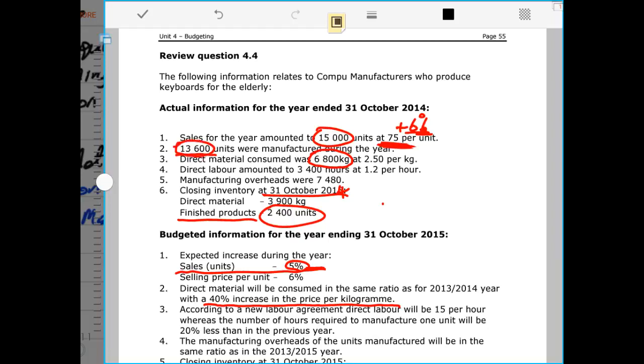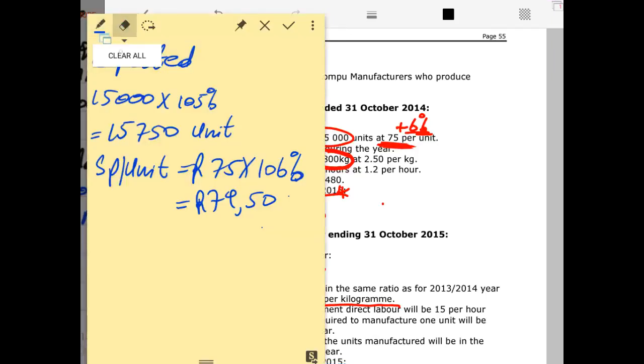And we know that 6,800 kgs of material in total were required to manufacture the 13,600 units. But now we need to calculate the number of kgs that are needed to produce one unit, not the total kgs that are needed to produce 13,600 units. So to do that, it is very simple.